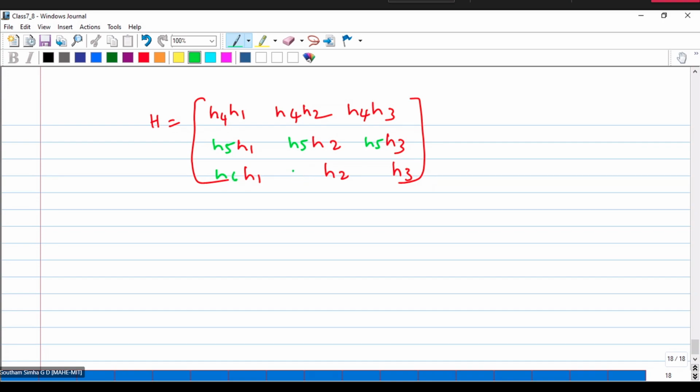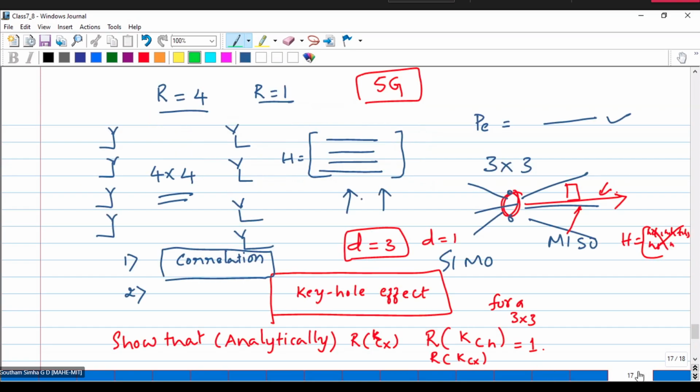This H6 you may get here. These H5s and H6 can be represented, so the second row and the third row can be expressed as the first row. So the rank of the channel becomes 1. There will be no gain, no multiplexing gain or some gain you won't get. And the diversity order will drop down to 1 only, even if you are using 3 cross 3 or 4 cross 4. With the mathematical approach we can solve this actually. I'll do that, but you got the idea, right?